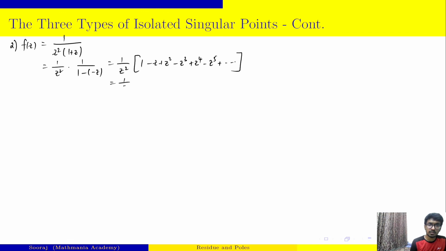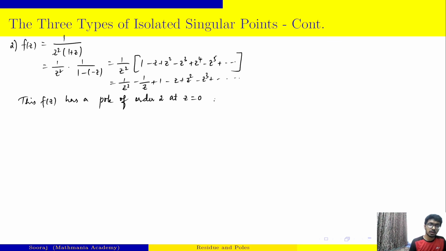When you take things inside, you get 1 upon z squared minus 1 upon z plus 1 minus z plus etc. This f of z has a pole of order 2 at z equals 0, and the residue of f of z at z equals 0 is minus 1. Here the validity is in this punctured disk.